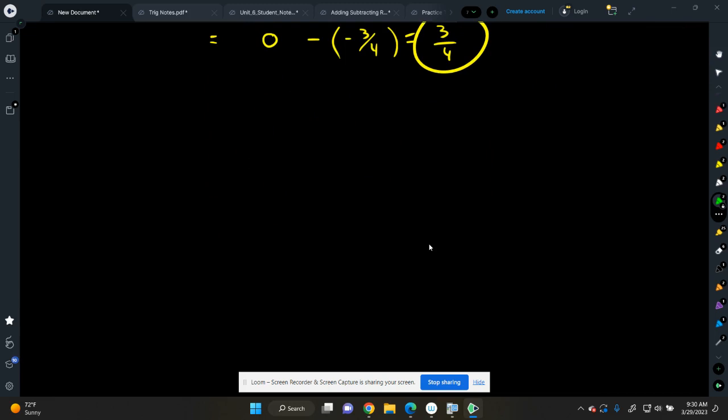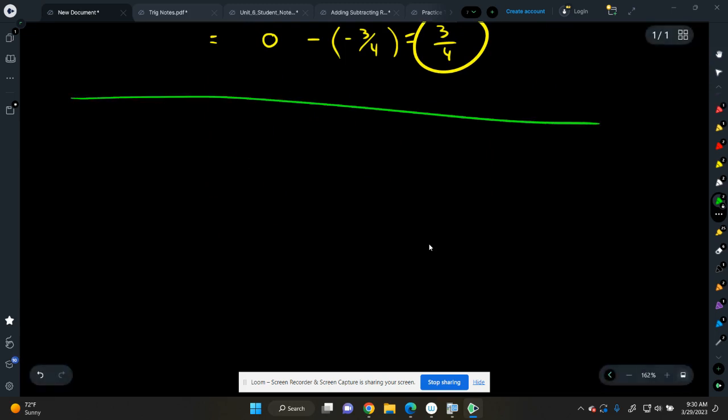So it says the graph of a function, okay?